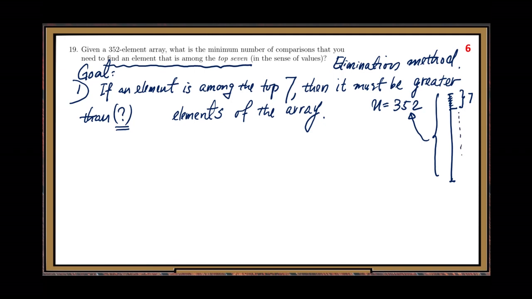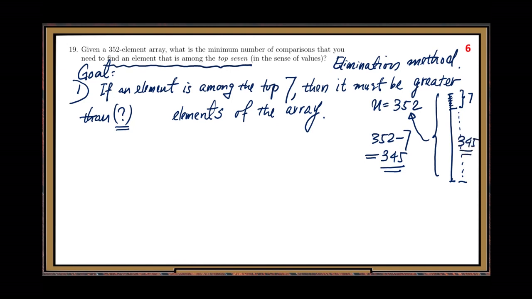But what's the remaining part? 352 minus 7 equals 345, so this part has 345 elements.